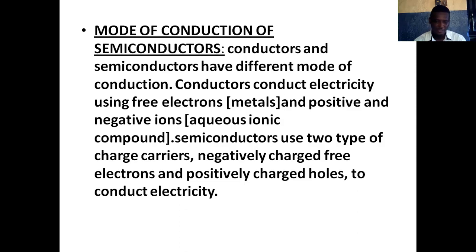They are not bound to the what? To the atom. But in insulators, the electrons are bound to the atom. So they are not readily available for what? Conduction of electricity. So that's the big difference between conductors and what? Insulators. And mind you, insulators are those materials or substances that cannot conduct electricity.